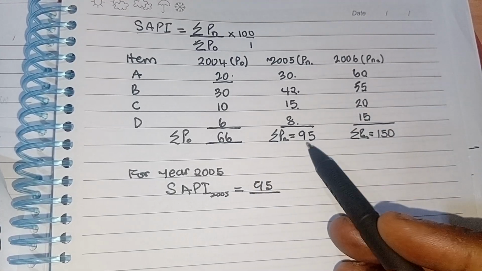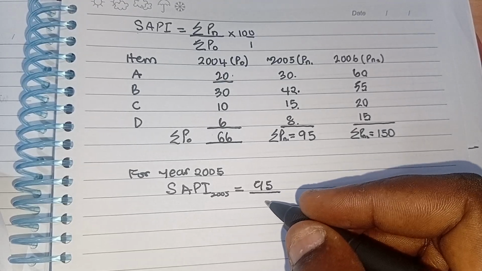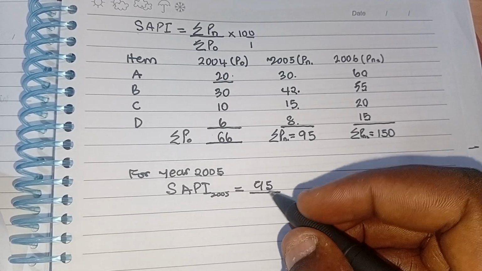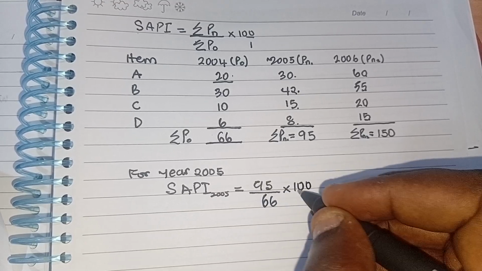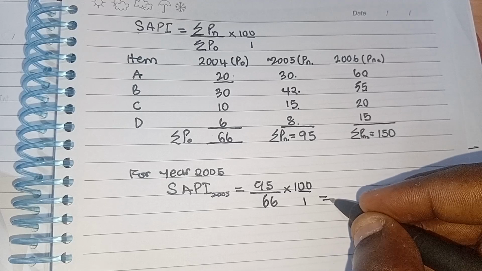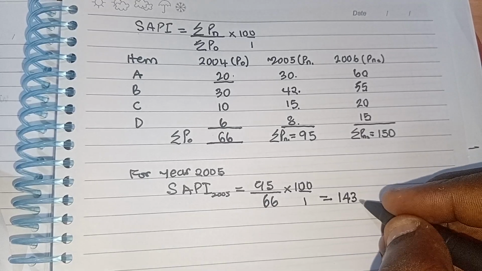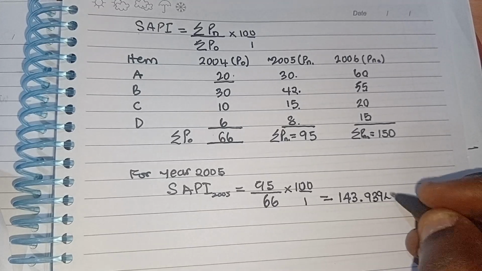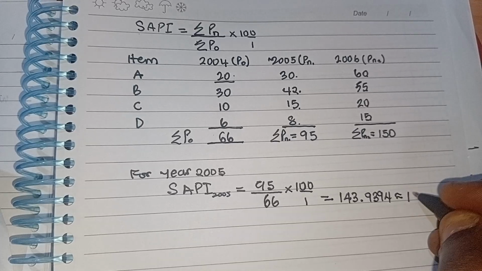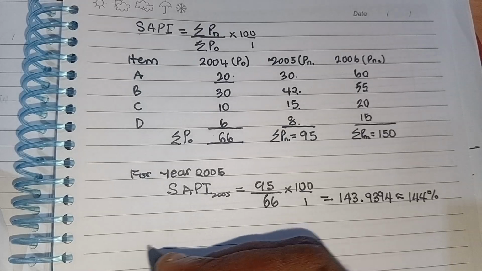So 2005 is the current year, and the base is 66, multiplied by 100 all over 1. This gives nothing but 143.9394. You can approximate it to 144%.